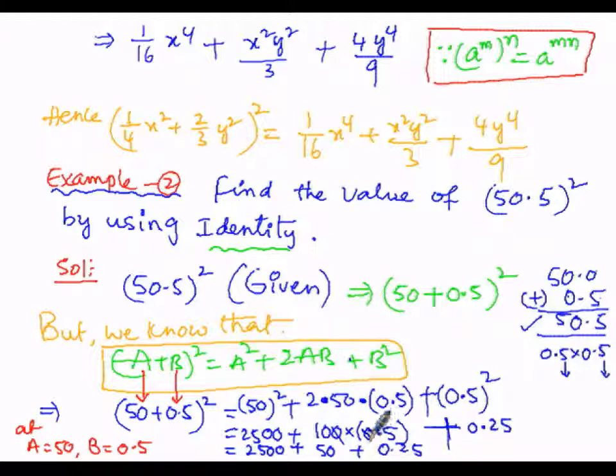In order to remove the decimal, which is after one digit, we have to cancel 1 zero. So this 0 won't have any value, therefore 10 is left over, 5 is left over, 10 into 5 is 50, and 0.25 copied as it is. Then that is equal to 2500 plus 50 is 2550, plus 0.25.